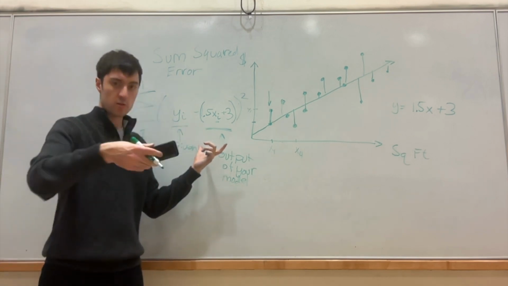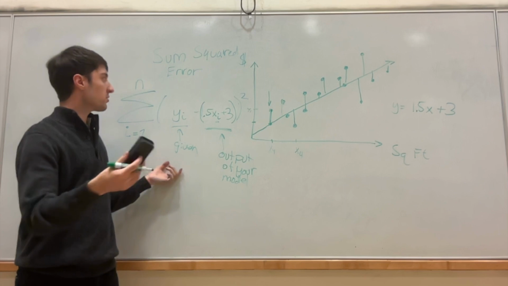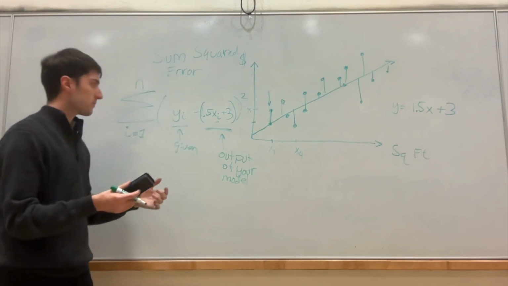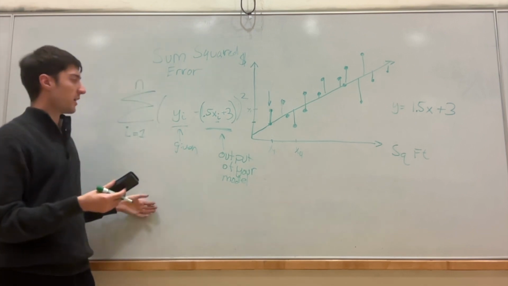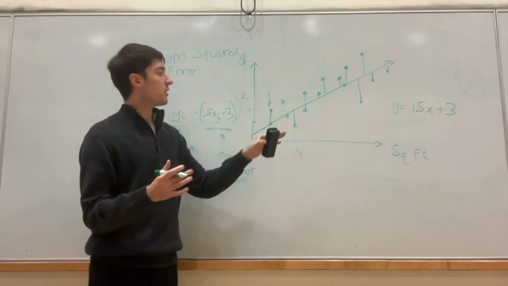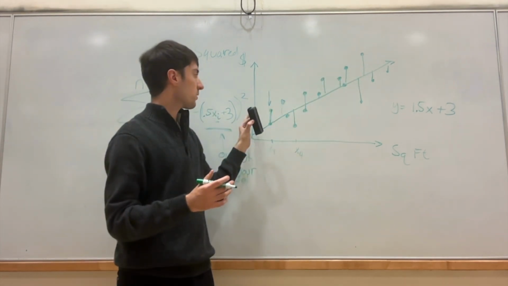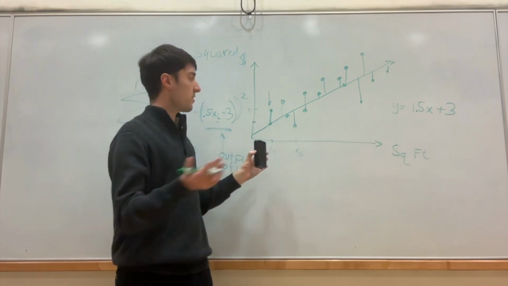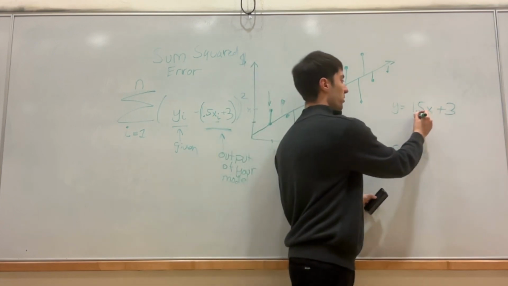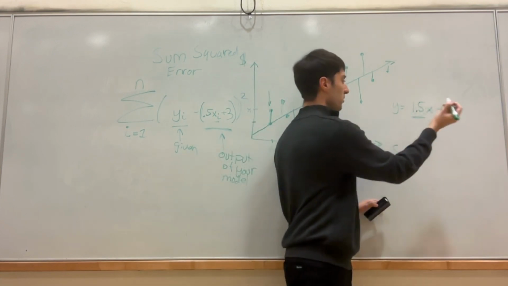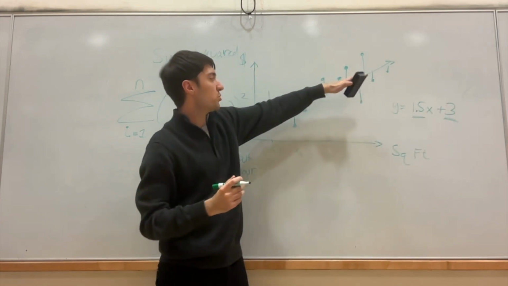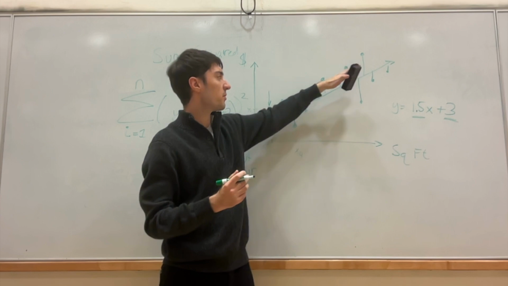You just iterate over and keep adding to the sum, maybe a variable called sum, and at the end of your training data, that's your sum of squared errors. That's how you do it. That's how you judge for a linear model how good or bad it is. And then the point is you try to adjust your two parameters, your two weights, to minimize this sum of squared errors.